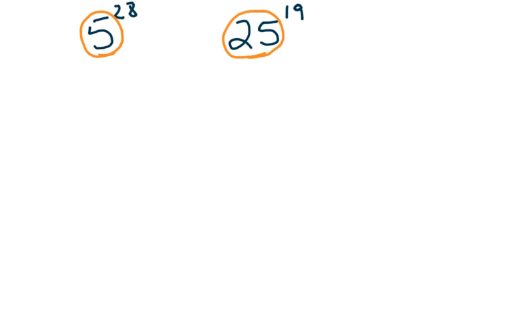So since 25 is a power of 5, we can rewrite this using the same base. So I am going to think to myself that 25 is equivalent to 5 squared. So I'm going to replace the 25 with 5 squared, and that is being raised to the 19th power.